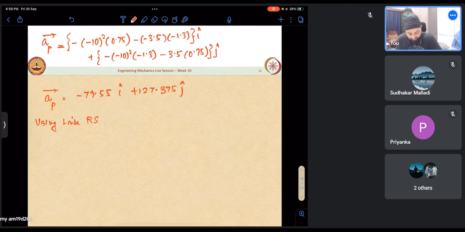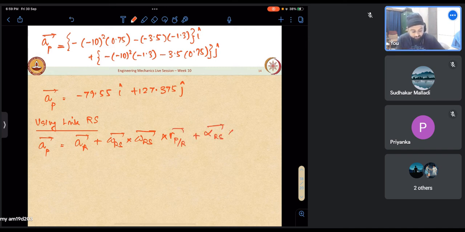RS. Yeah. So acceleration of P is acceleration of R plus omega RS cross omega RS cross R P with respect to R plus alpha RS cross R P with respect to R plus 2 omega RS cross VREL plus AREL.